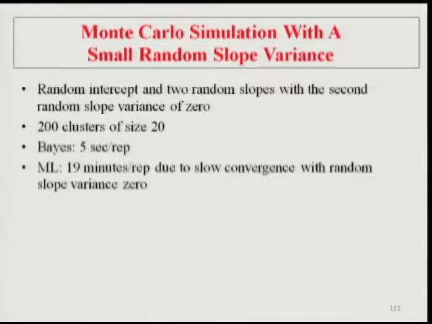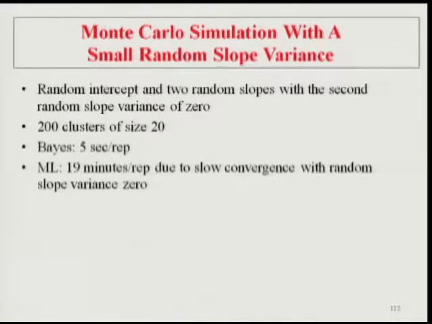But the second slope is one that has a variance of 0. So you have 2 x variables, and you want to know if both slopes need to be random. You don't know beforehand that it's only one of the slopes that need to be random.